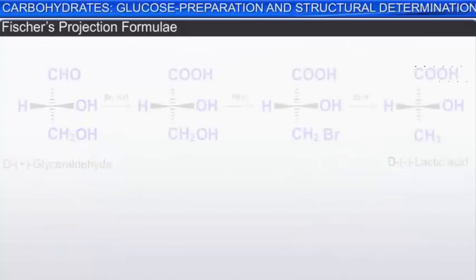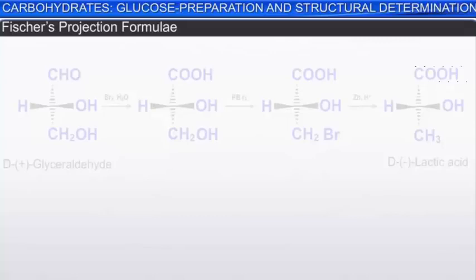That is, the compounds that are formed as a result of a reaction or a series of reactions from glyceraldehyde, without breaking the bonds around the chiral center or any sort of other chemical correlation, are assigned the same configuration as that of the particular optical isomer of glyceraldehyde.